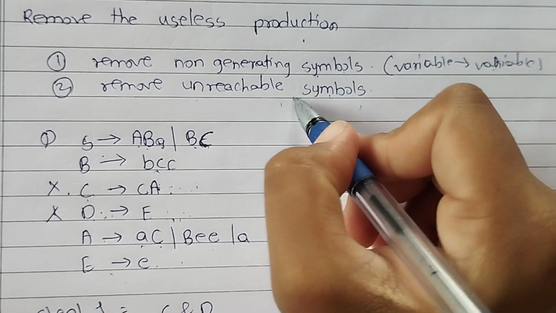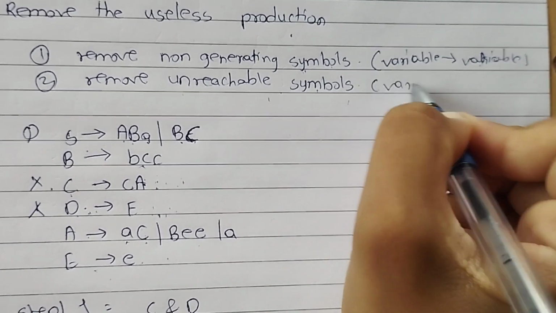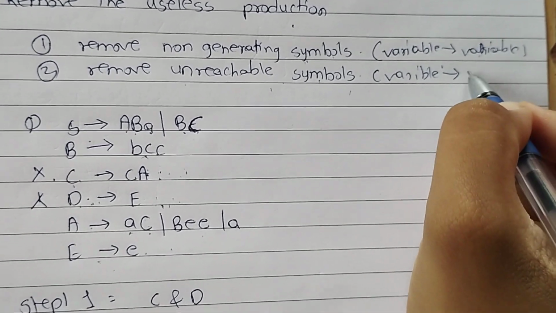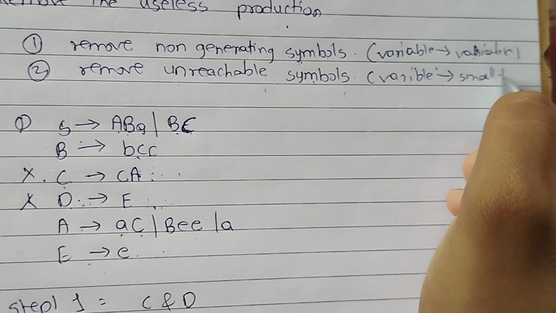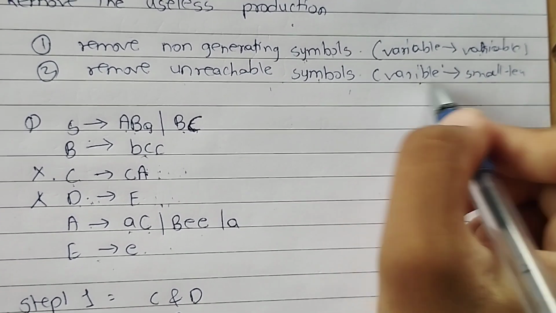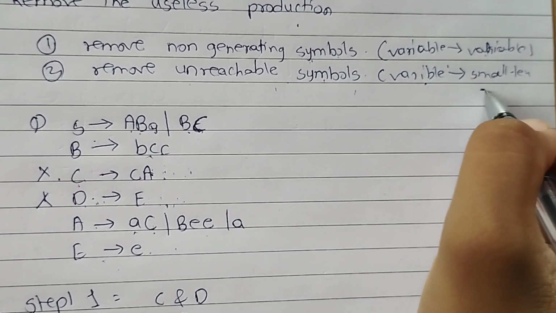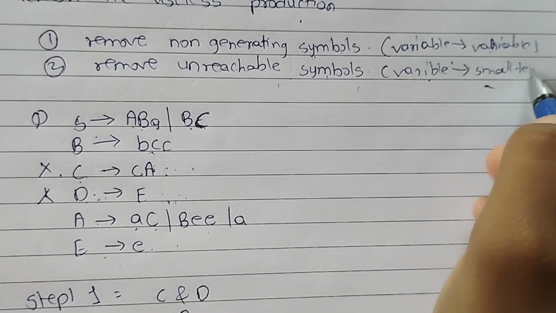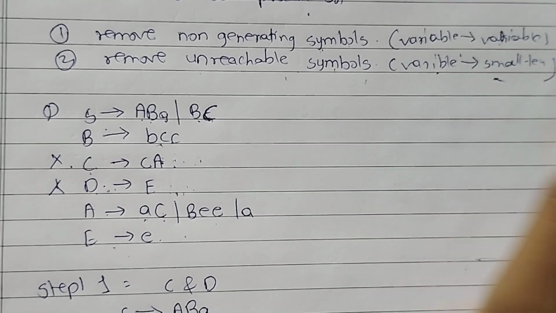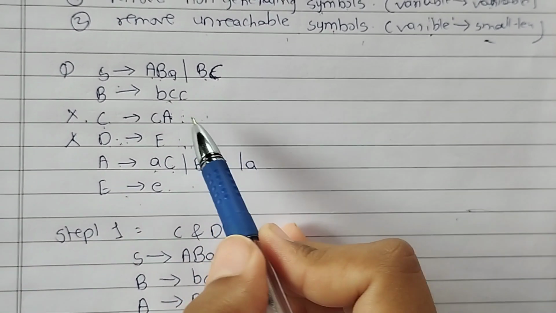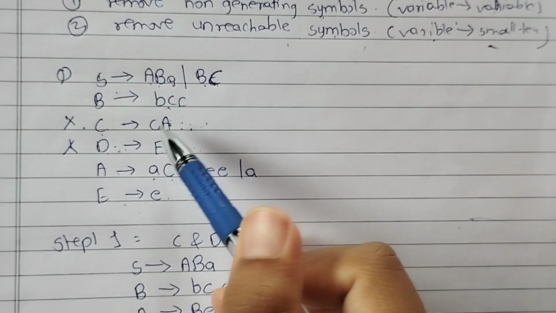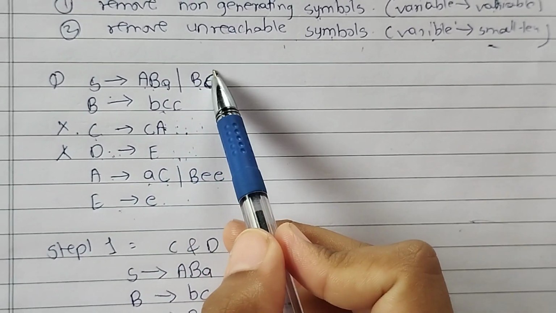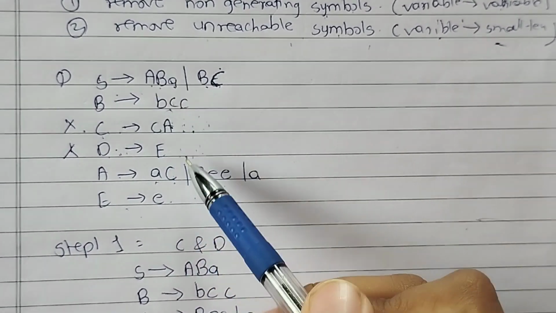And in step number 2, we see which variable only produces small letters, meaning no single variable is present, only small letters, capital letters not present, and that variable is removed. So in the first step we see that C and D only produce capital letters, and we remove this production from each state.